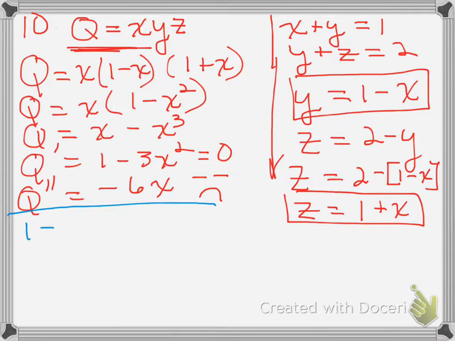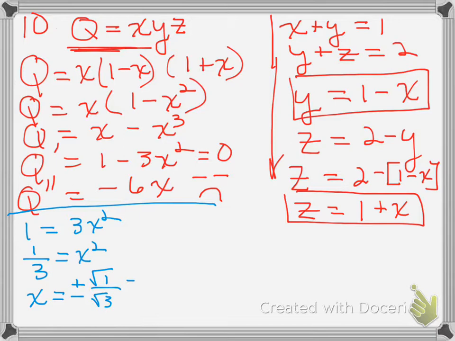So 1 equals 3x squared. So 1/3 equals x squared, and I'm going to switch it around. So x equals plus and minus radical 1 over radical 3. But since I can't have negative values, and since the square root of 1 is 1, my x value is 1 over root 3.